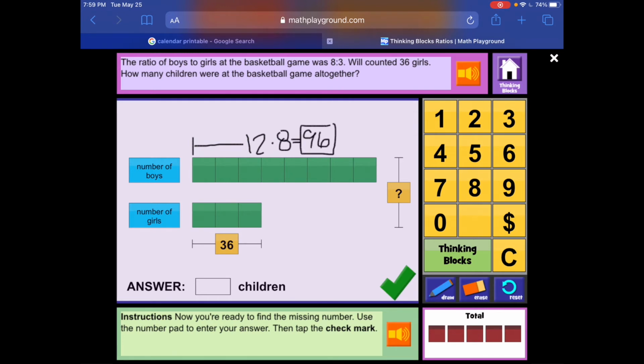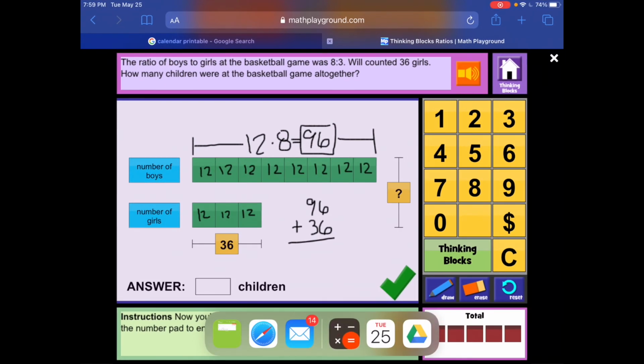So there are 96 boys, and we know that there's 36 girls. Remember, 12 in every box. So I could do 96 plus 36 in my calculator. Let's try a different way to do this one this time. We'll drag it up next to it.